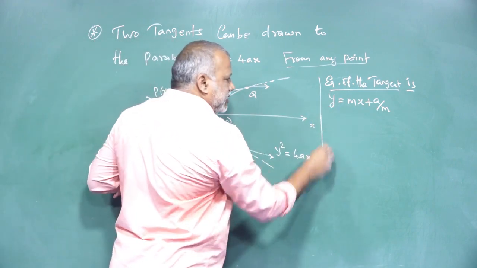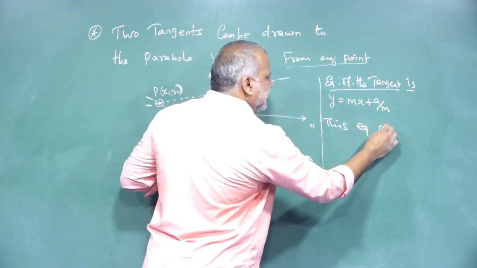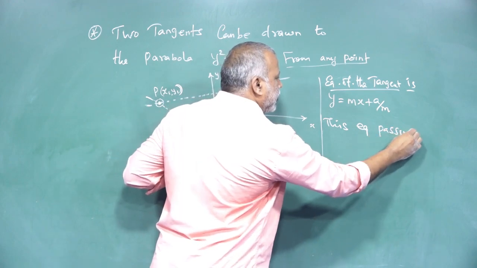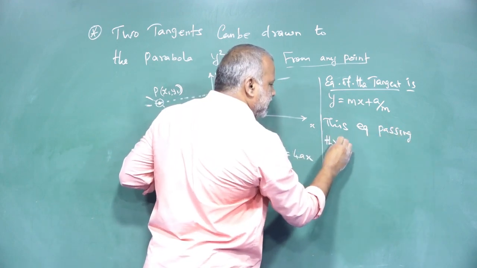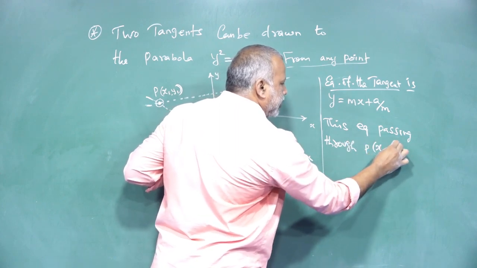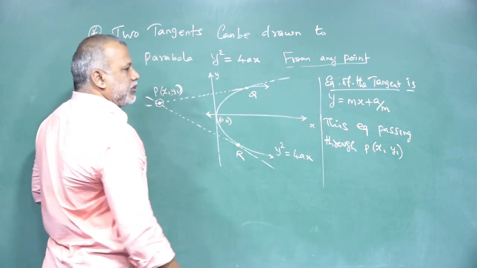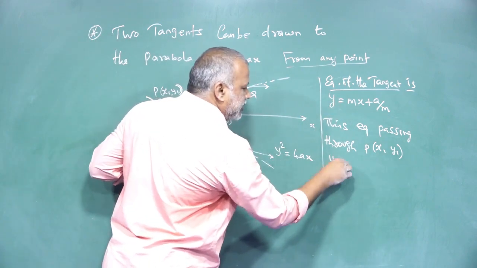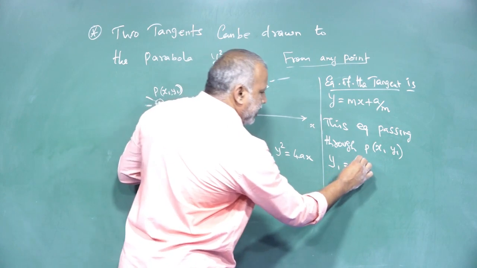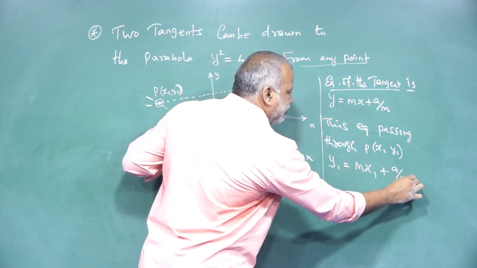That means this equation is passing through P of x1 comma y1. Therefore, we can write this equation: y1 equal to mx1 plus a by m.